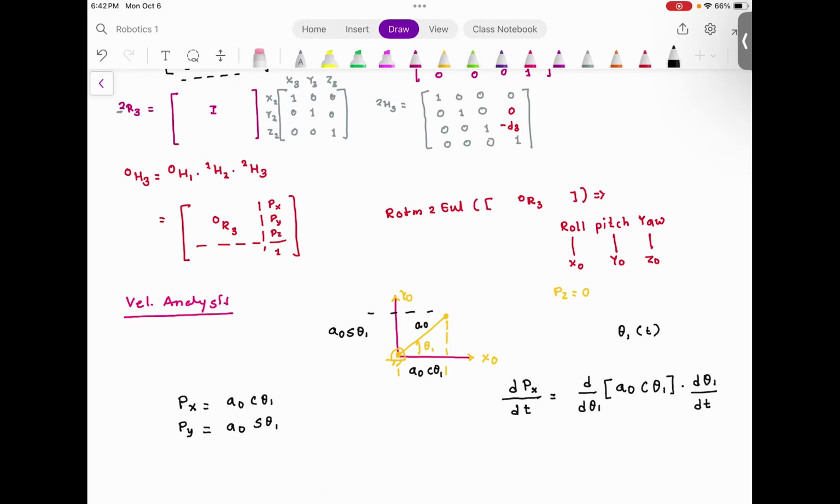You agree with me? Px depends upon theta 1, but theta 1 is not an independent variable. Theta 1 also depends upon time. So you do the first derivative with respect to theta 1, multiply it by the derivative of theta 1 with respect to time. Everyone understood this?